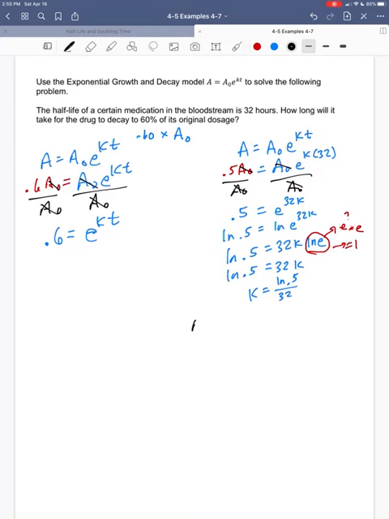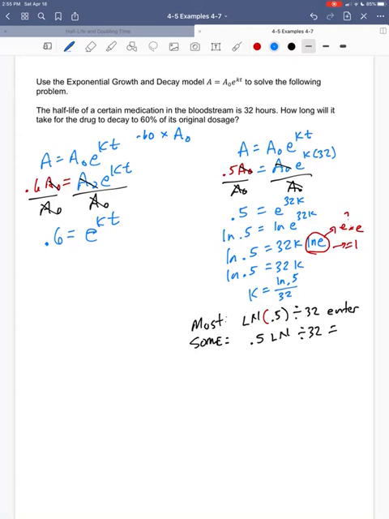On most calculators, I hit the natural log button first. It's going to start a set of parentheses. If not, you might want to start parentheses, 0.5, close parentheses, divided by 32, and then enter. On some, you have to put in the 0.5 first, and then take the natural log, then divide by 32, and hit equals.